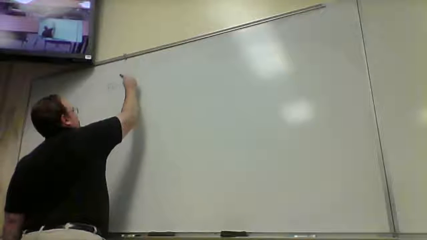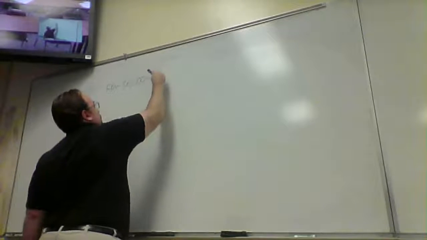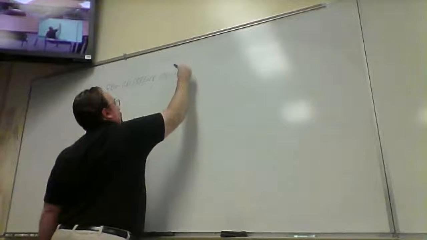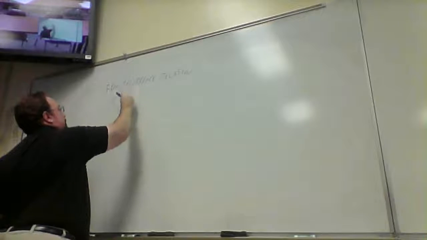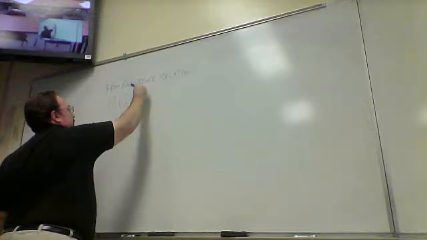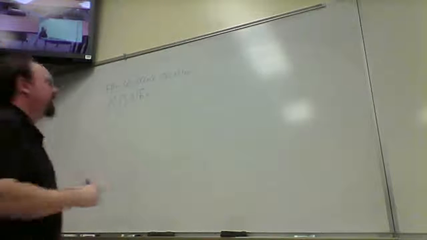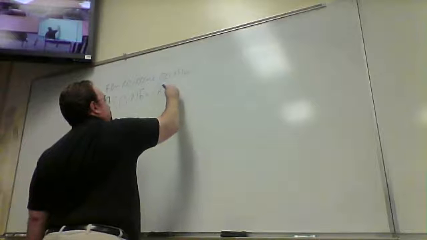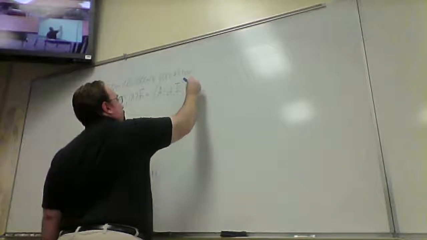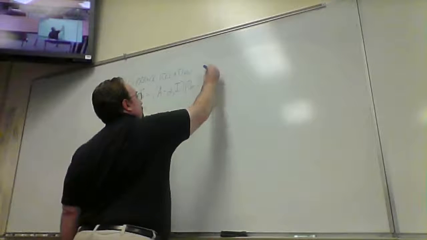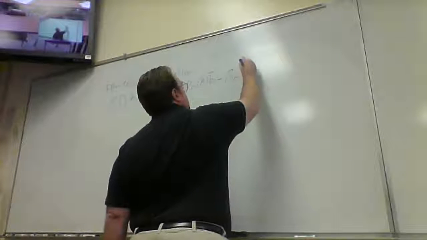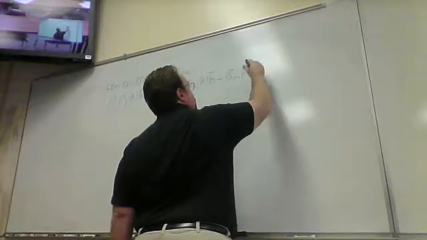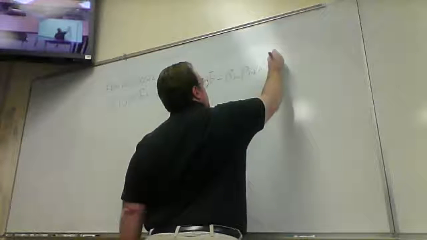Okay, so from the recurrence relation, I'll just write down what I just described. I have beta j pj of a, b is equal to a minus alpha j times identity, pj minus 1 of a times b, minus beta j minus 1, pj minus 2 of a times b.